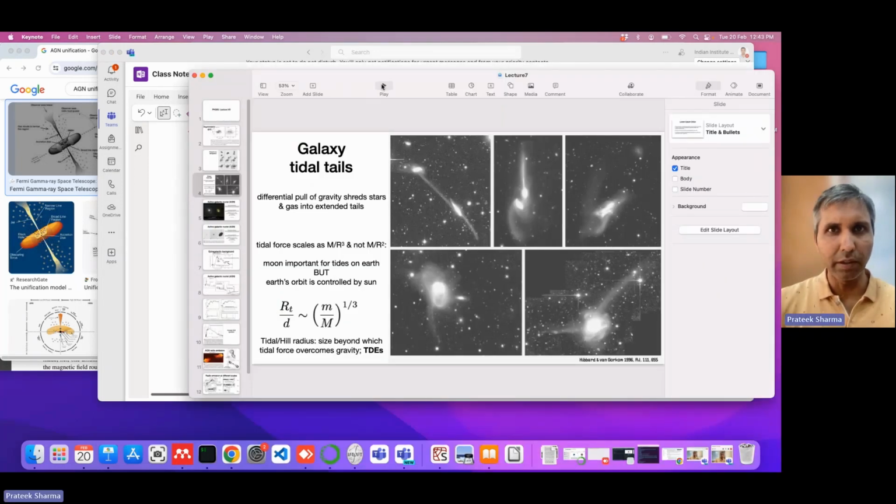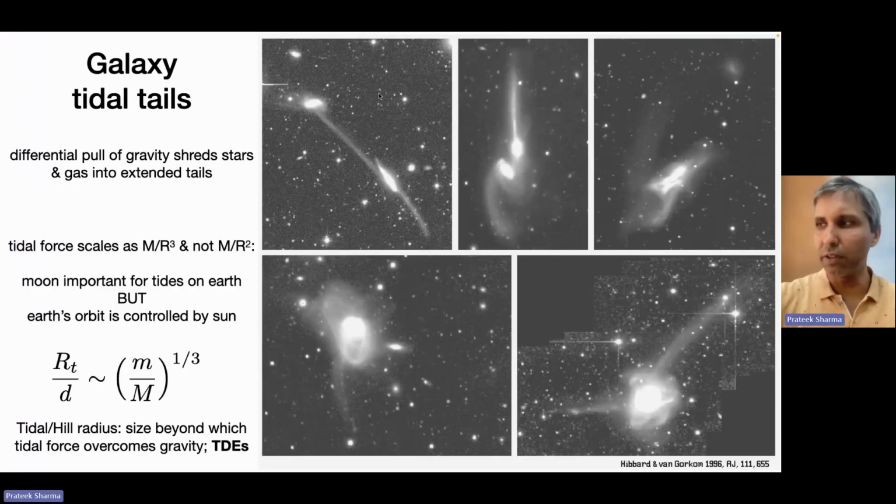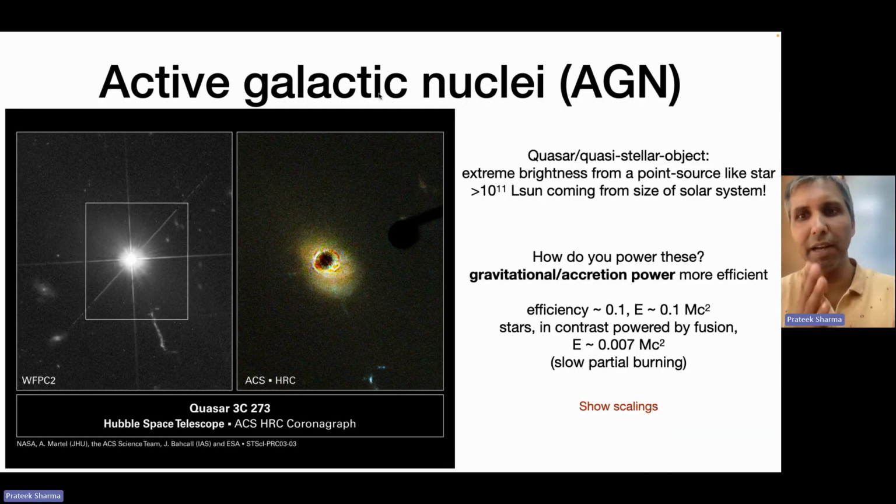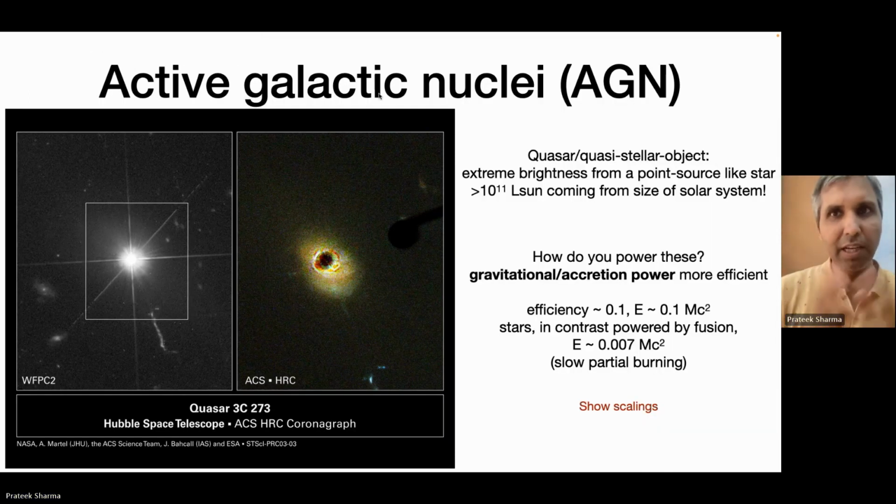Okay, we are here. So we already talked about this. The next topic is active galactic nuclei. So till now we were talking about galaxies, and galaxies traditionally are a collection of stars, right?